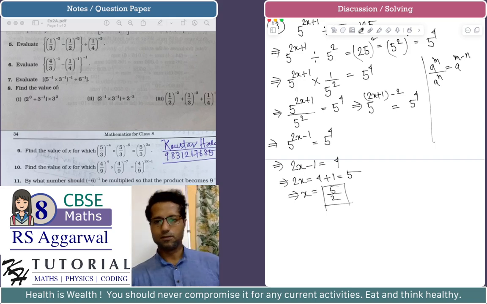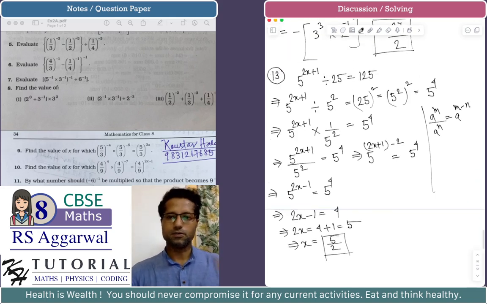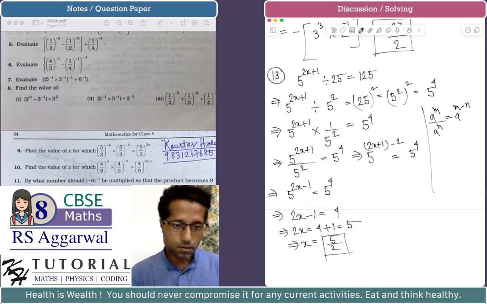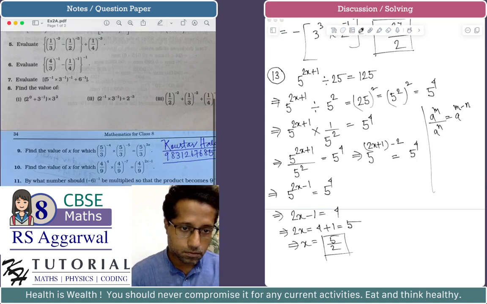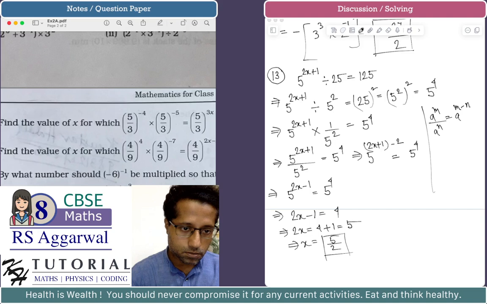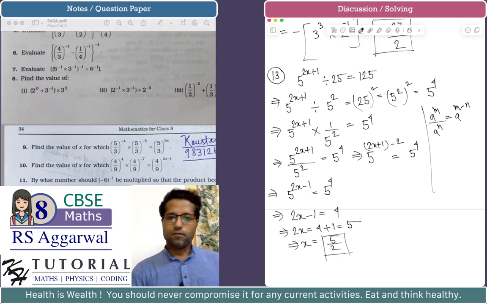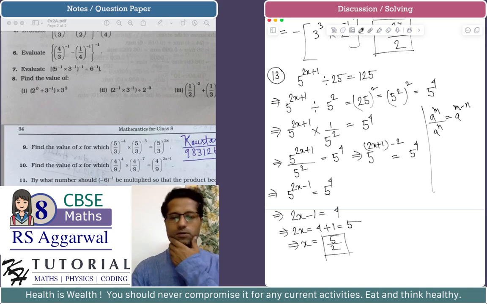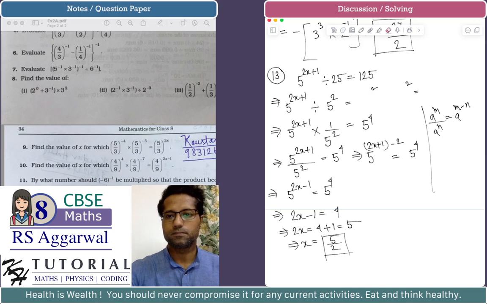5 by 2. The answer looks odd. Let me check once again if I did any mistake or not. 5 raised to the power 2x plus 1 divided by 25 equals 125. So we have 5 raised to the power 2x plus 1 divided by 5 square equals 125. 125 is not 25 square. My goodness, what am I doing. 125 is nothing but 5 cube.